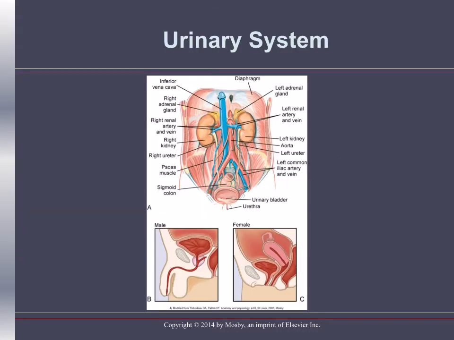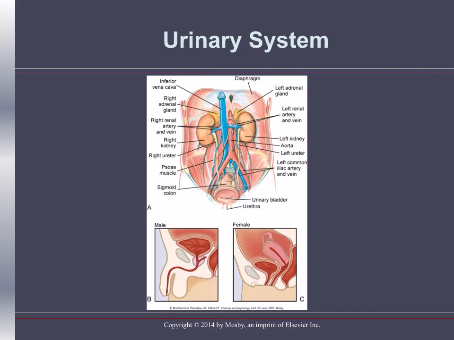Now, the urinary system, or the renal system, is mostly composed of the upper urinary system and lower urinary system. The upper urinary system consists of two kidneys and two ureters. The lower urinary system consists of a urinary bladder and a urethra.